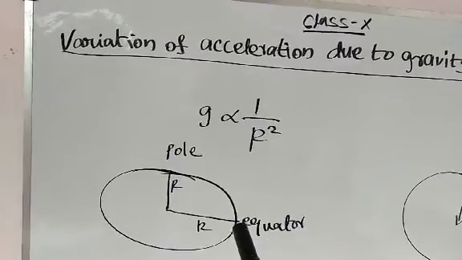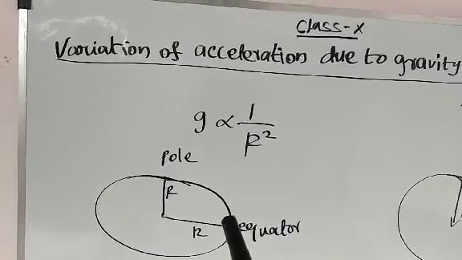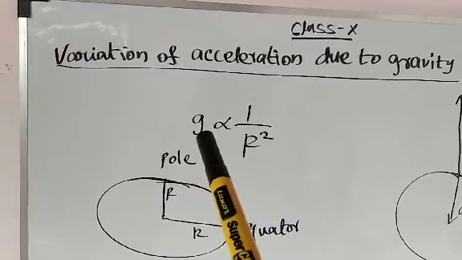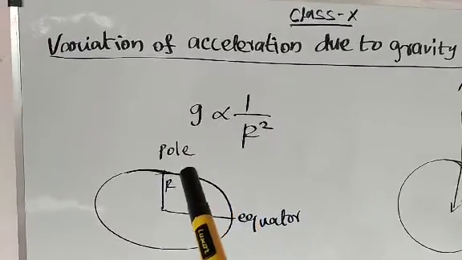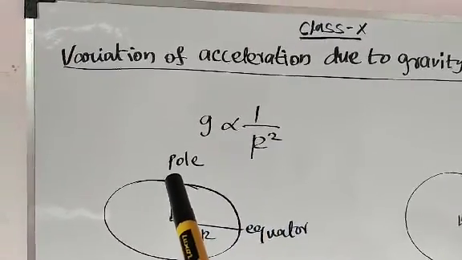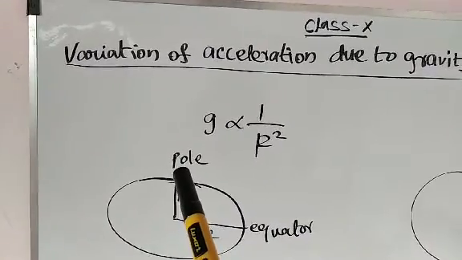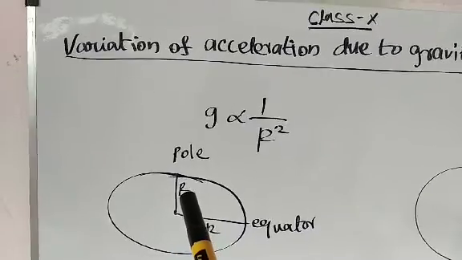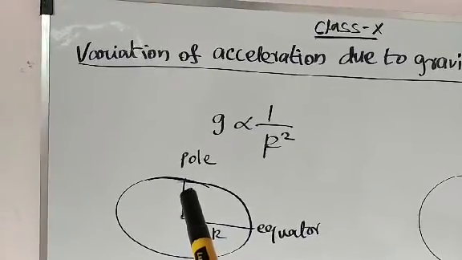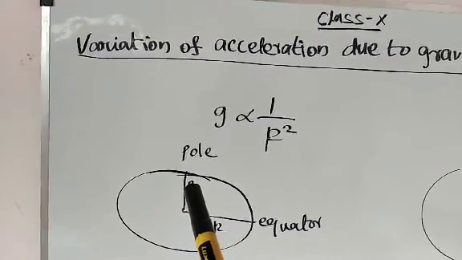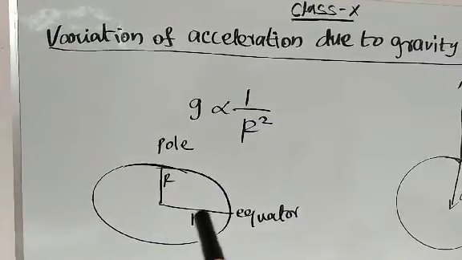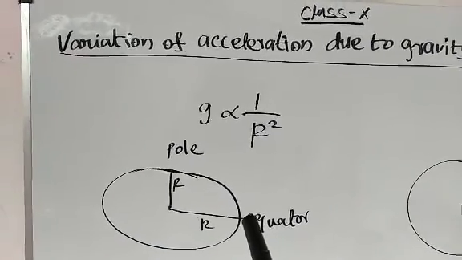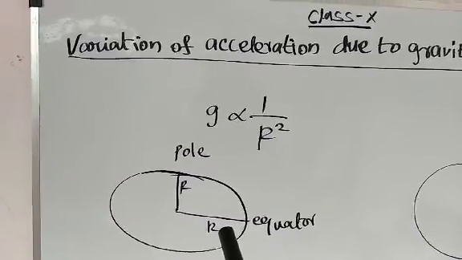At the equator, the radius is very great. So as distance, the radius, decreases, acceleration due to gravity increases. At the pole, acceleration due to gravity is maximum because at the pole the distance, that is the radius, decreases. At the equator, acceleration due to gravity is minimum, as the radius increases.